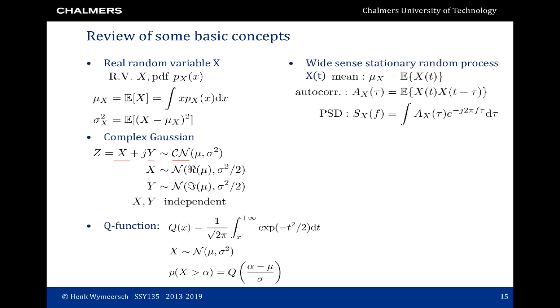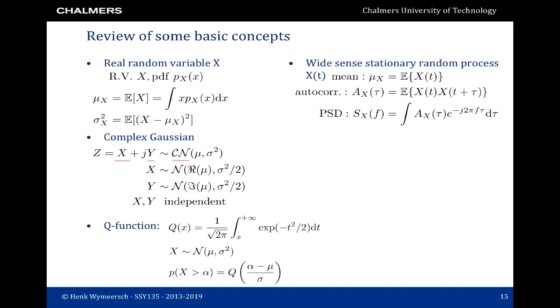A specific kind of random processes that we will use are wide-sense stationary random processes. So these are random variables that change over time, but for which the mean and the autocorrelation function are constant. So the mean of a wide-sense stationary random process is the expectation of x of t, and because this process is wide-sense stationary, this is a value that does not depend on t and is written as mu of x.